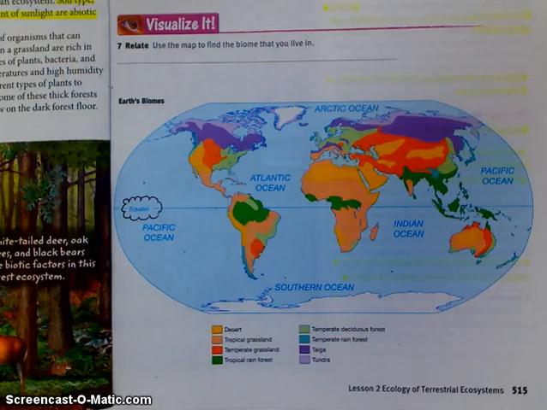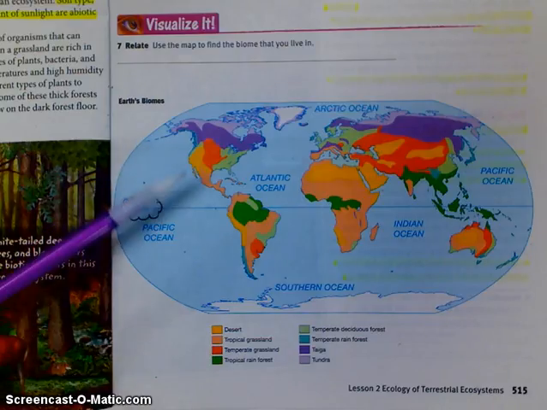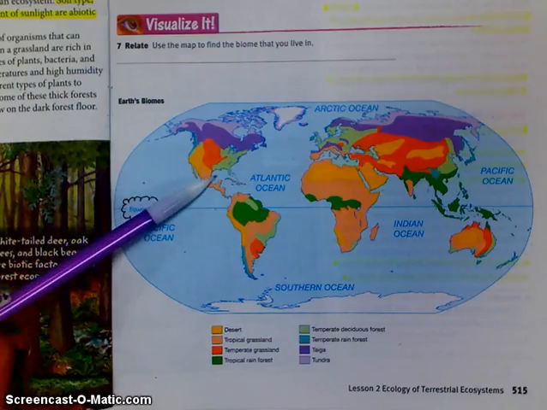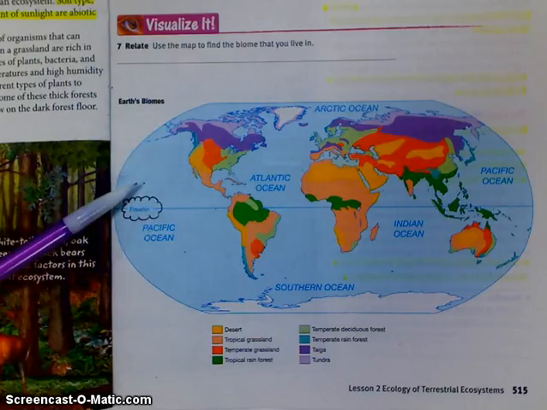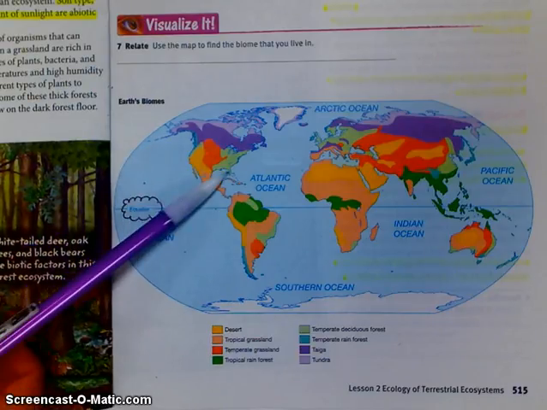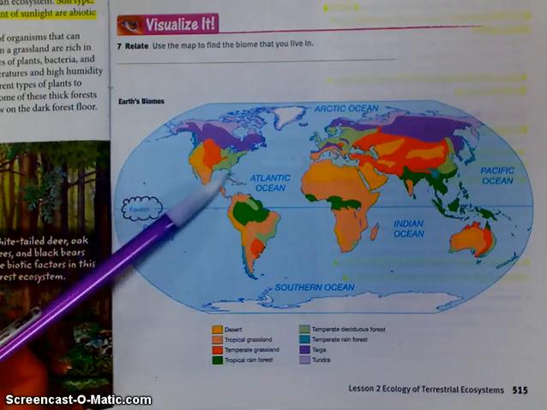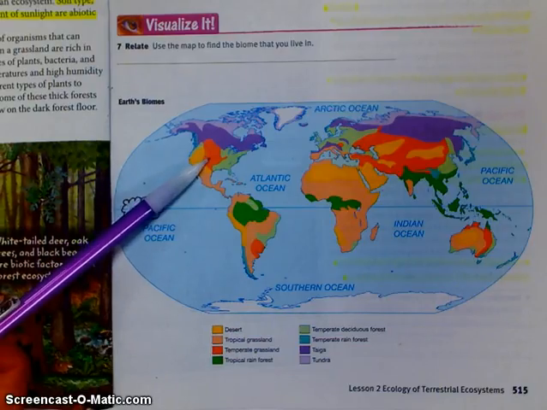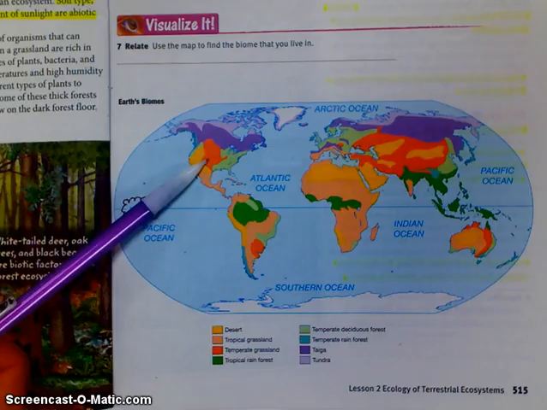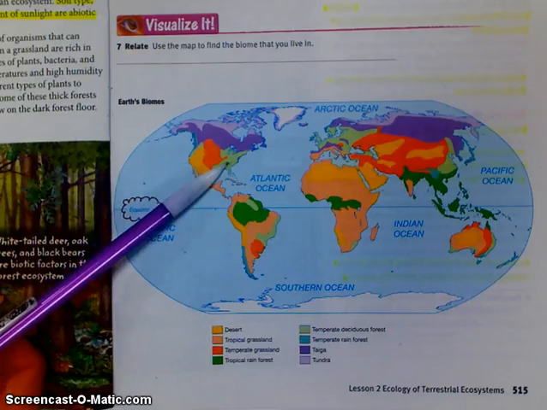What 3 biomes make up most of the continental United States? We just looked at that to answer number 7. The continental United States is the lower 48 states. It doesn't count Alaska and it doesn't count Hawaii. What are the 3 biomes that occupy most of the continental United States? Well, you've got the red, which is temperate grassland. You've got the light green, which is temperate deciduous forest.